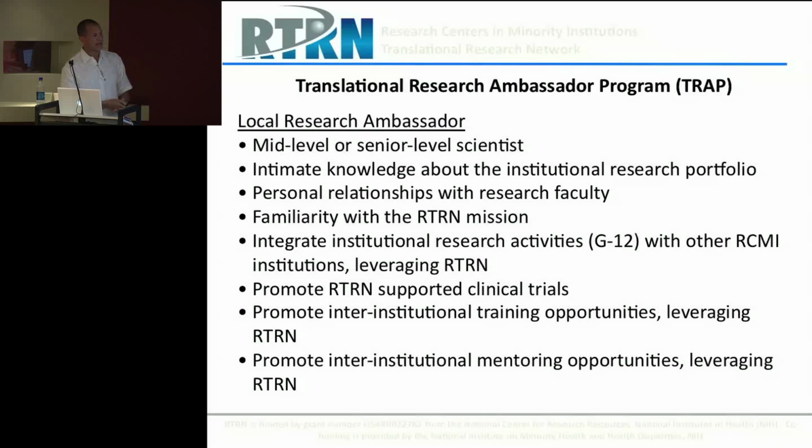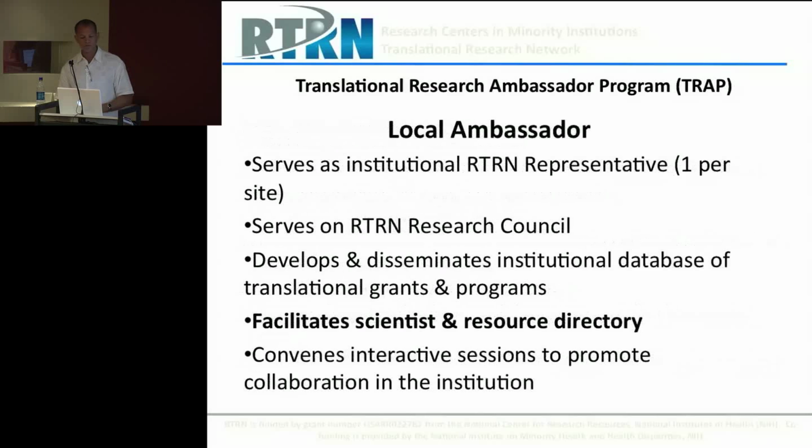These are some of the characteristics we discussed that might be considered for such an ambassador: knowledgeable, really being able to drive research at the institution as well as drive collaborations across institutions.